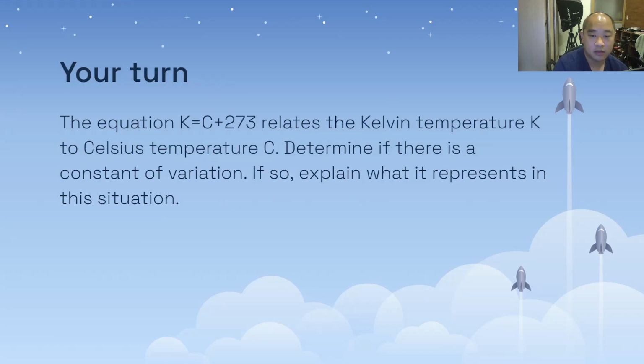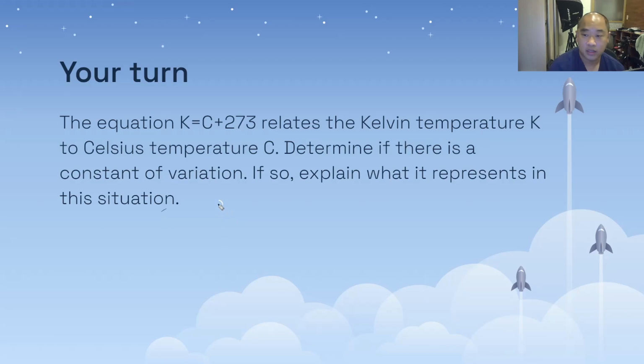Okay, your turn. The equation K equals C plus 273 is the relationship between degrees Kelvin and degrees Celsius. Determine if this is a constant of variation. Okay, welcome back.